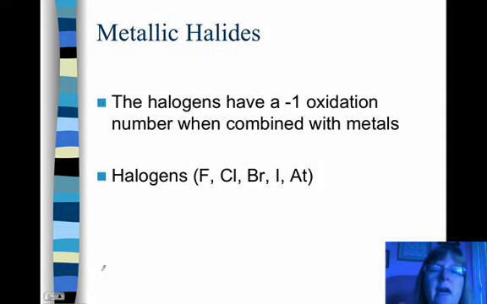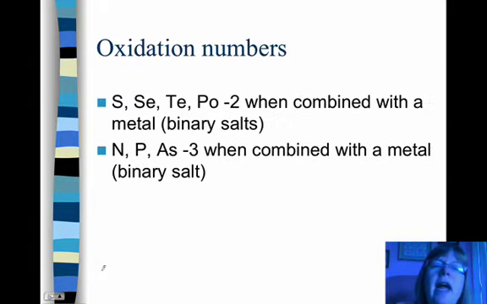All right, so let's see. The halogens will have a -1 oxidation number when they combine with metals. So remember our halogens: fluorine, chlorine, bromine, iodine. And then the next group over, sulfur, selenium, tellurium, all of these are going to have a -2 oxidation number when we're combining them with metals.